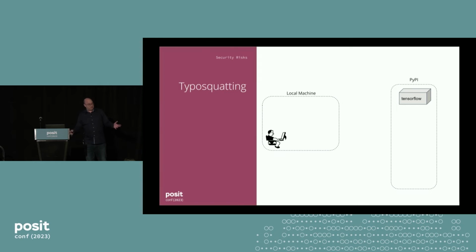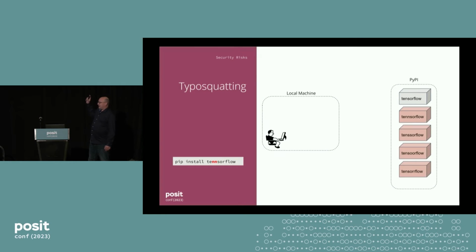TensorFlow, to be fair, has 600,000 downloads a day from PyPI. And so as a user, I'm coming in with pip install TensorFlow with 2 N's. I'm going to go out here as a malicious user, and I'm going to use that permissibility of PyPI to install a whole bunch of different variants of the name TensorFlow with a whole bunch of typos that I could totally conceive of.